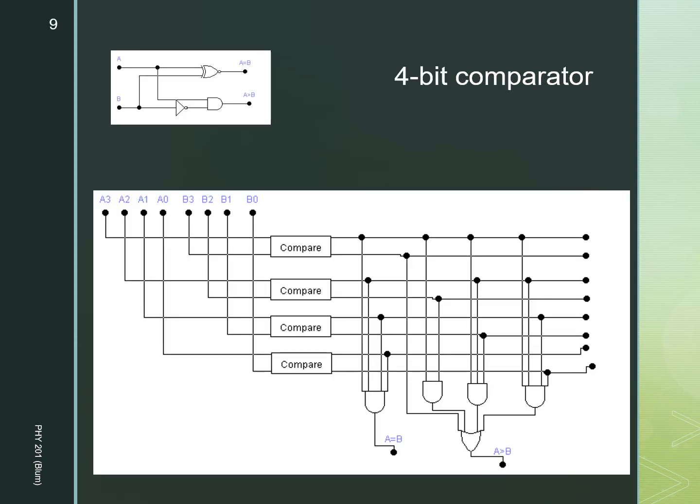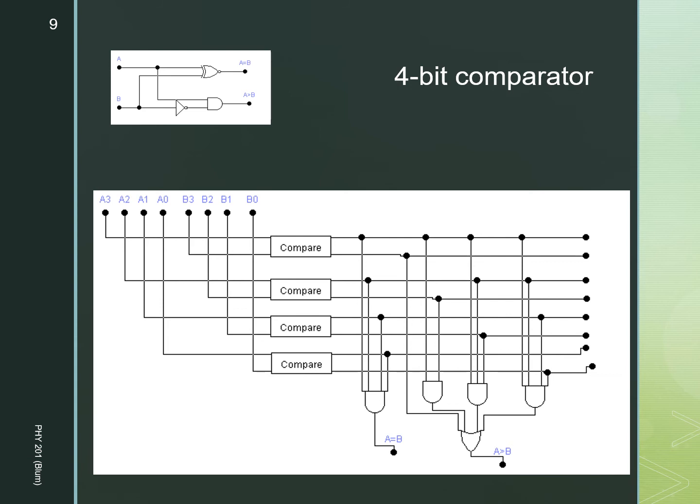So let's look at a 4-bit comparator where we're comparing a 4-bit word A to a 4-bit word B, where we are thinking of them as unsigned numbers. So A3 is the eighths place, A2 the fourths place, and so on. We are comparing A3 to B3, the eighths place of A to the eighths place of B, in that little box that says compare, which is the 1-bit comparator.